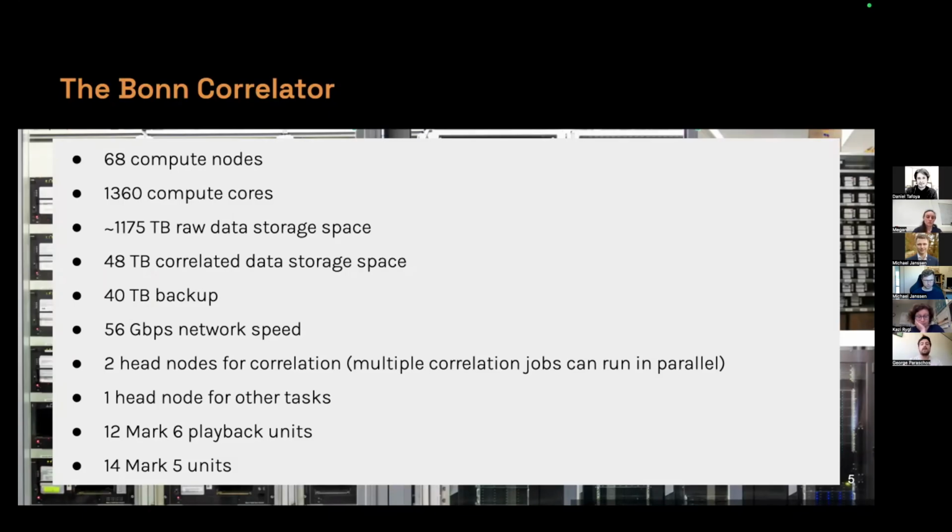We have network speeds of around 56 gigabit per second using two head nodes for correlation, and we're able to run multiple correlation jobs in parallel. We have a head node for other tasks, and 12 Mark 6 playback units and 14 Mark 5 units.